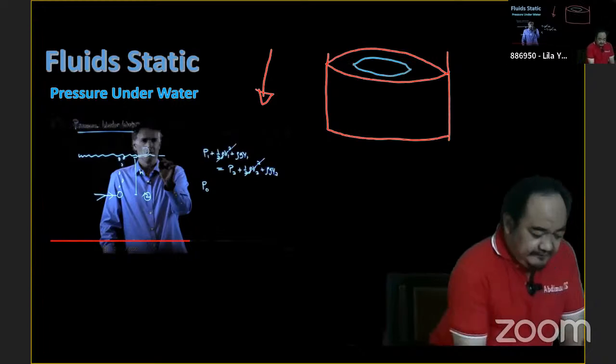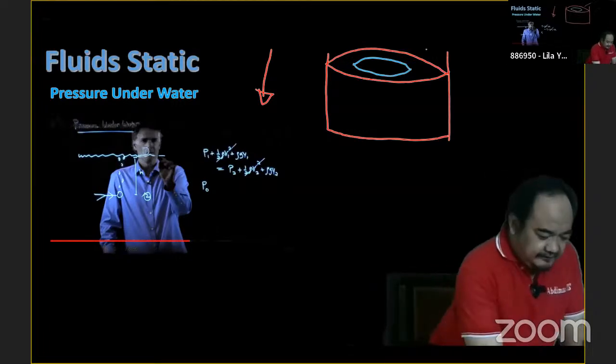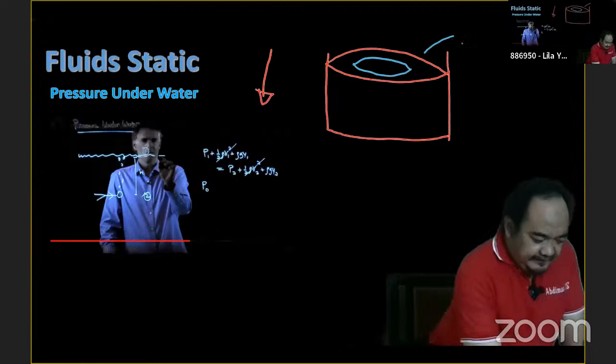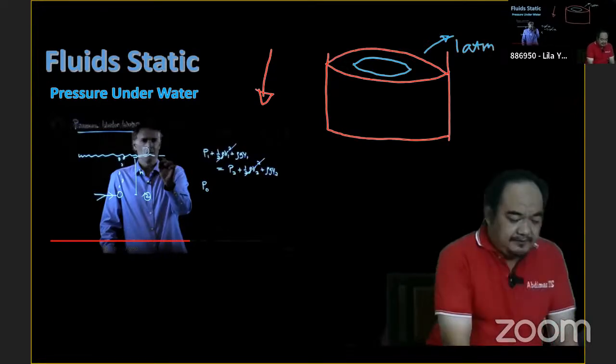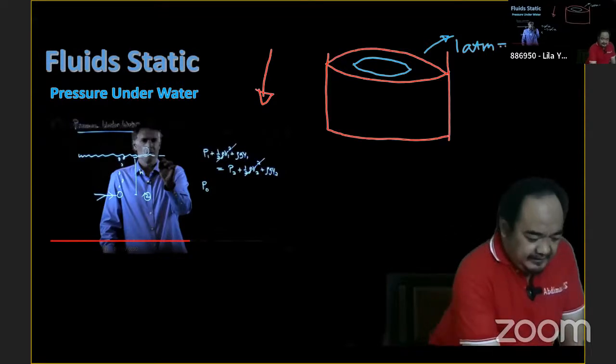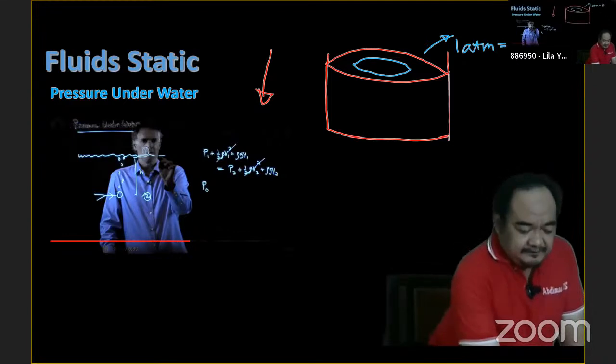On the top of the water or fluid there is the pressure of the atmosphere. This is 1 atmosphere, the atmospheric pressure, and in Pascal you can convert it to 10 to the 5 Pascal.